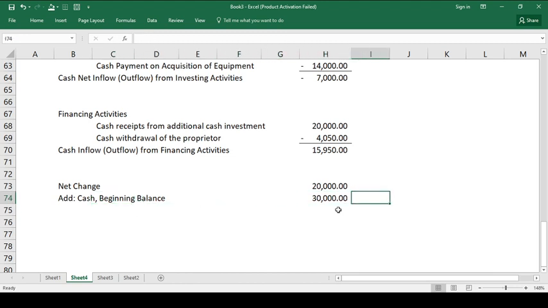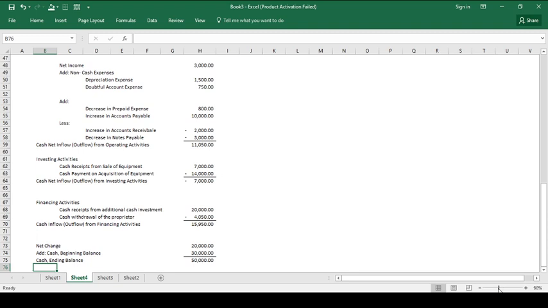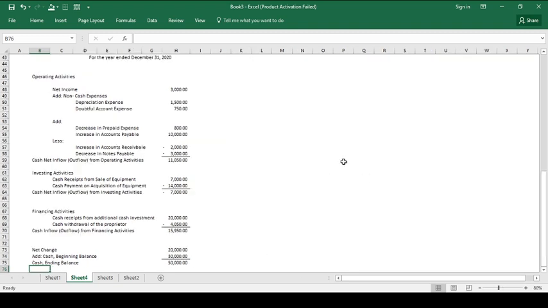And then we add it, yung dalawa, okay, so that we can have the cash ending balance. Okay? So, 20 plus 30, ayun, tugma po siya sa cash balance na 50,000 as of 2020. So, to check, yung buong statement, ito po yan, yung buong statement.